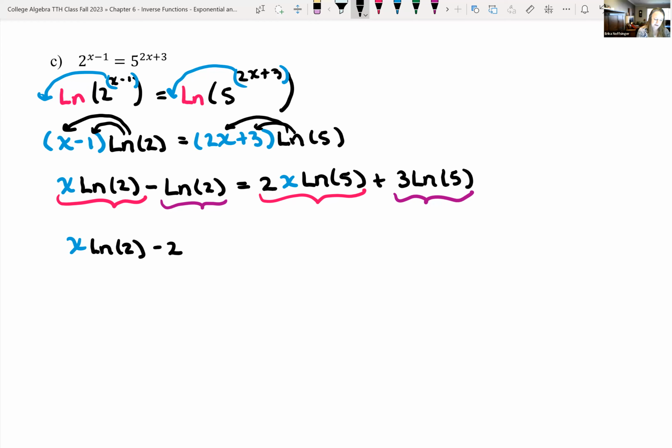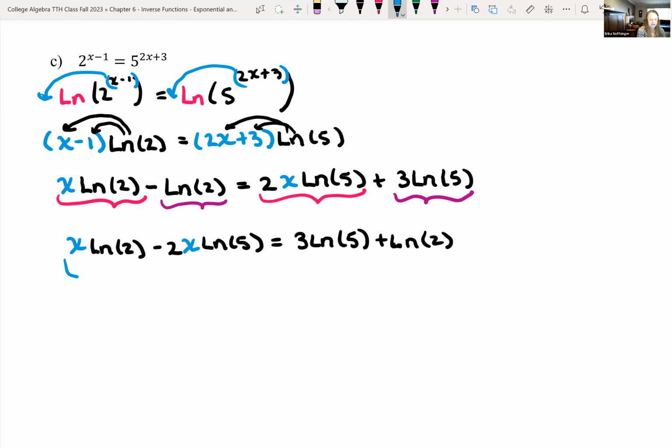So minus 2x natural log of 5. This is equal to 3 natural log of 5. And then let's move this minus natural log of 2 over to the other side by summing it to both sides. So this will be plus natural log of 2.